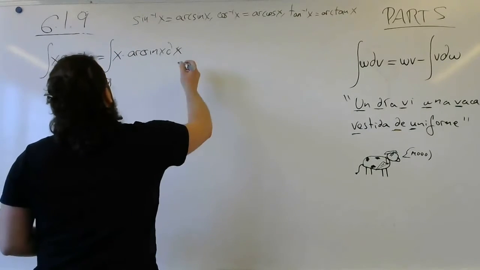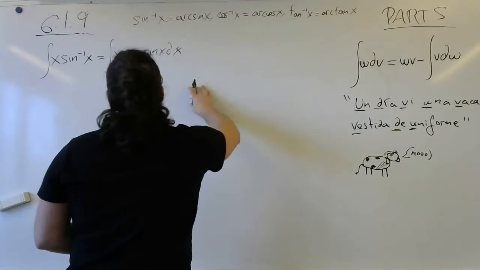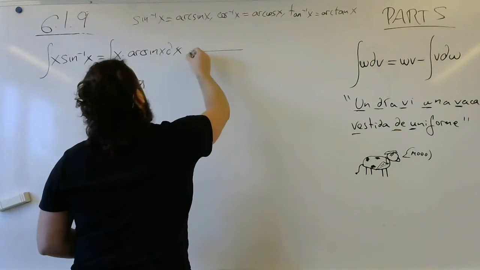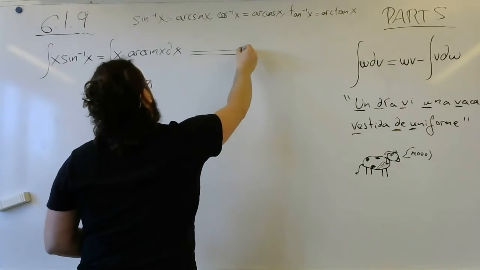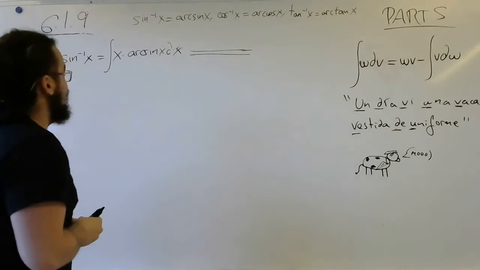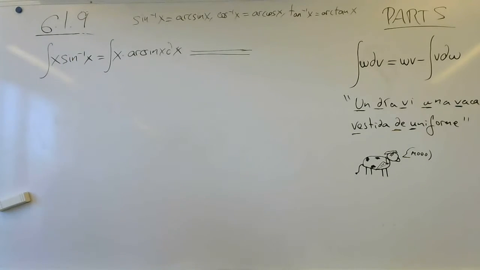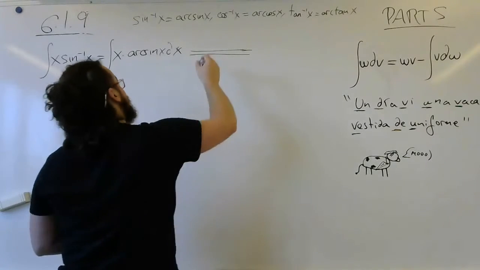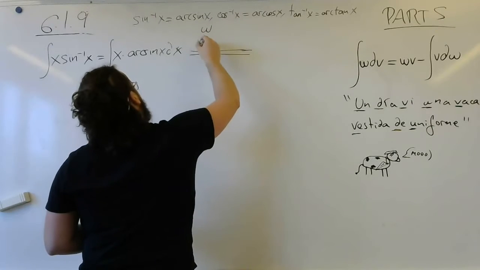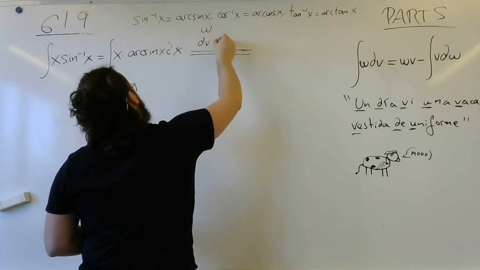So we have x arc sine x differential of x. Integration by parts. What is w and what's differential of v?